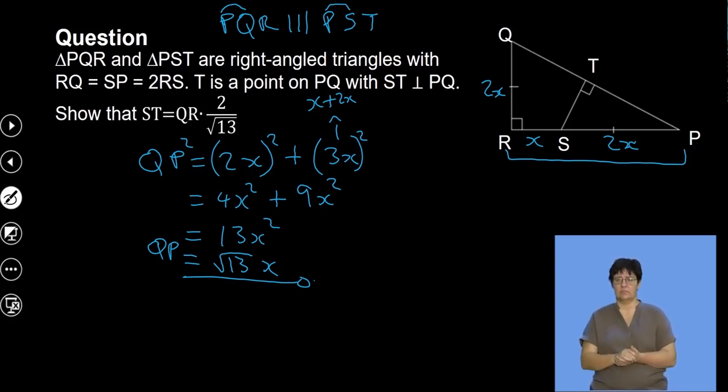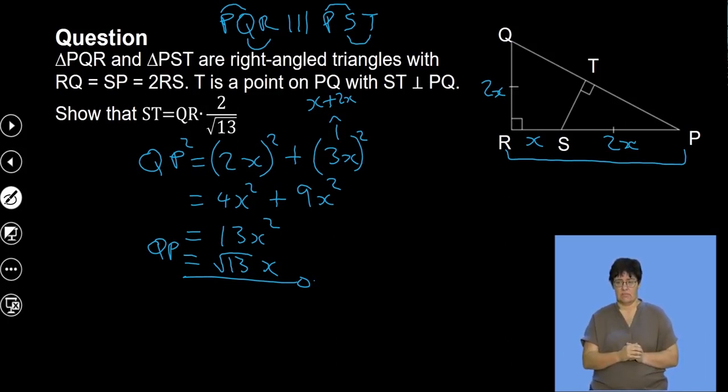Yes, 2x. And then I link also QR. And why do I link QR? Because I know what QR is. And I must link this with ST there, which in this instance I will not know what it is. So maybe if I link it to the PR, so PR will go with PT, which I also do not know. So I will then try to find what ST is, because that's what they want me to do.